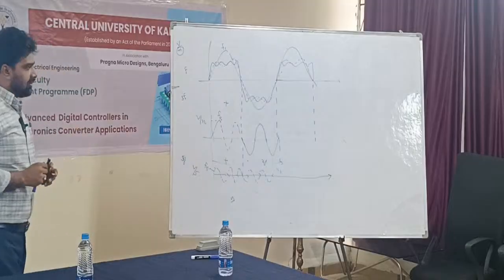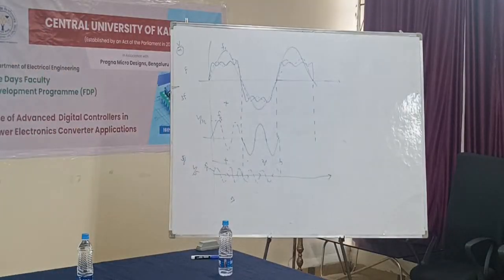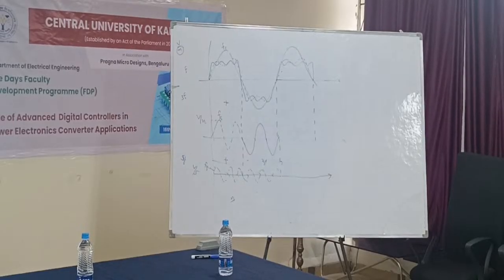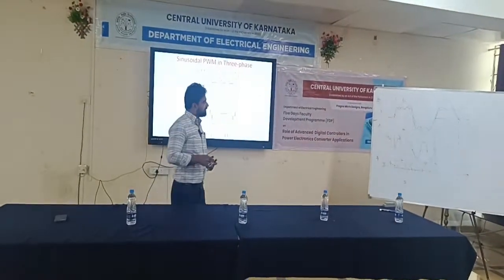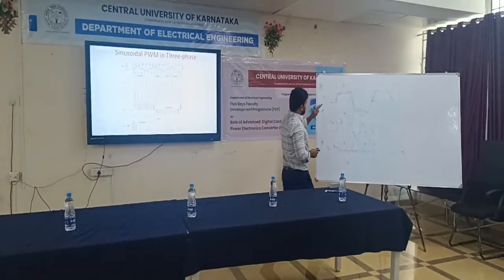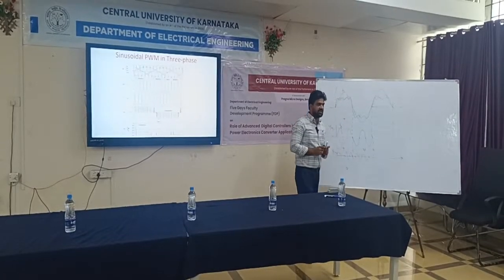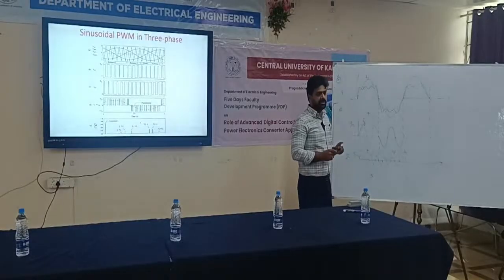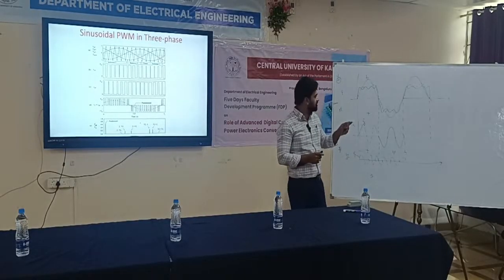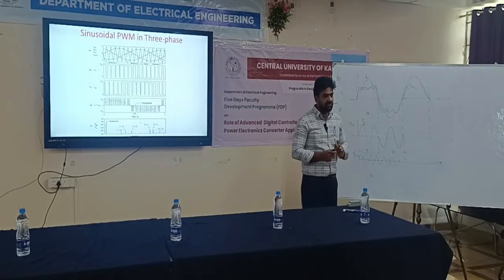What I want you to take from this concept is that whether it is power electronics or a distribution system or a power system, whatsoever it is, when you find a voltage shape other than sinusoidal, it means that along with the fundamental component of the voltage, that means along with your sinusoidal voltage, there are some other components mixing with this fundamental component, which makes your actual voltage look like this.